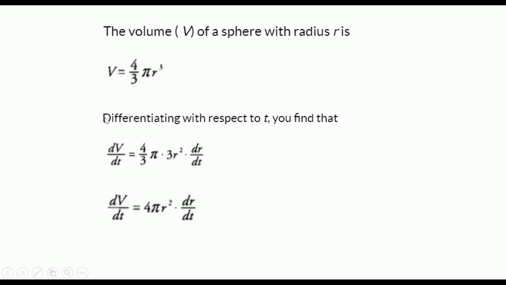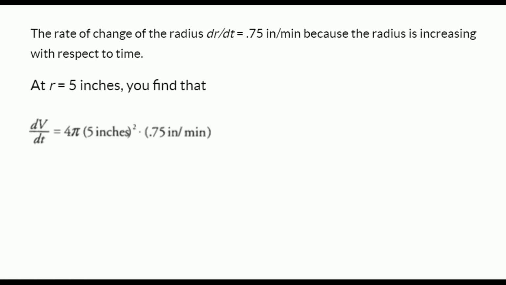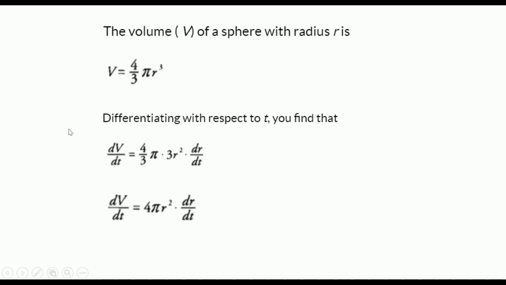So going back here, at r equal 5 inches, you may go ahead and plug that value into the derivative that we just got, from the previous page. We had 4 pi r squared times dr over dt. So substitute the r value they gave you here and the change of the radius with respect to time.